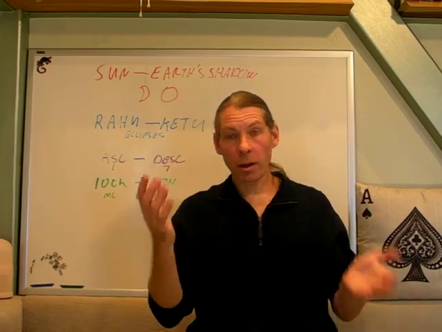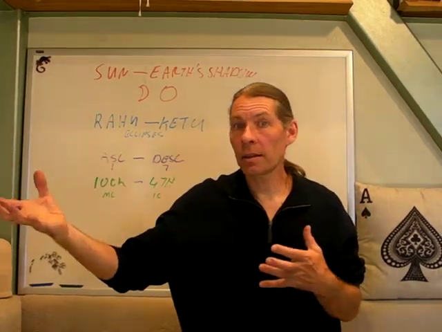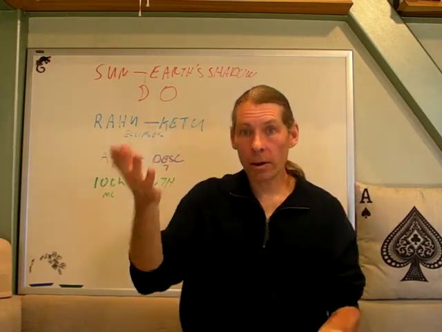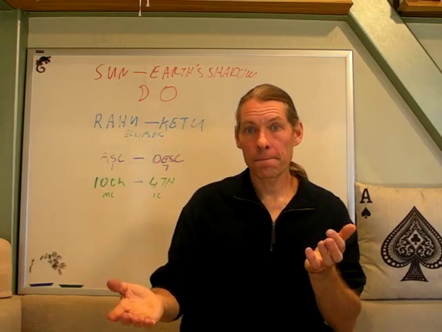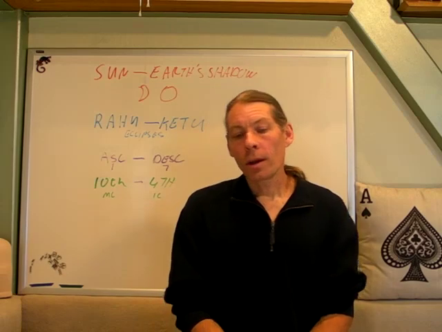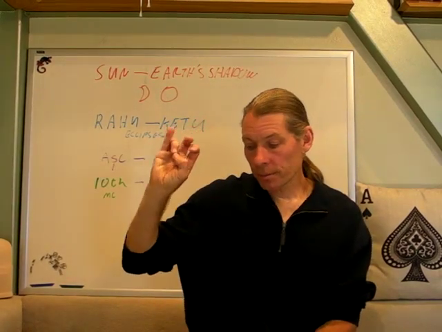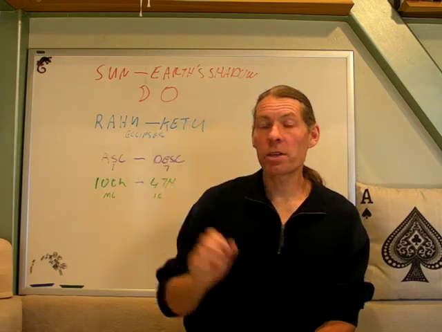So we want to look at this too. What card is the fourth cusp in? What card is the 10th cusp in? How are these two cards working together to create your actions and foundations? And then there's a link here where I use that word karma for the 10th cusp and also the earth shadow.